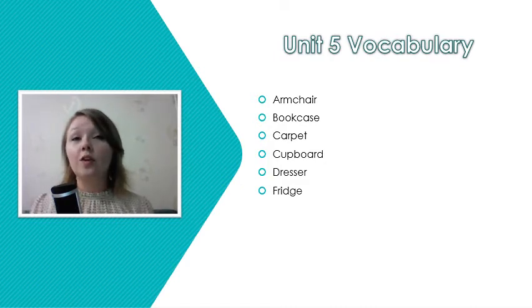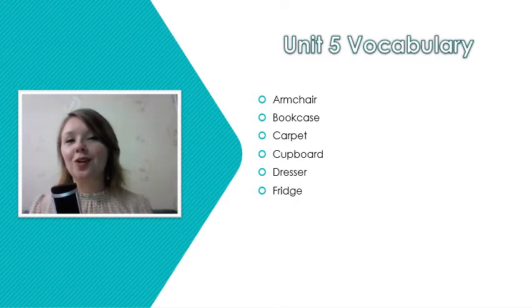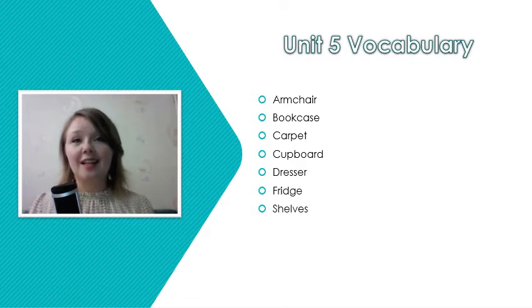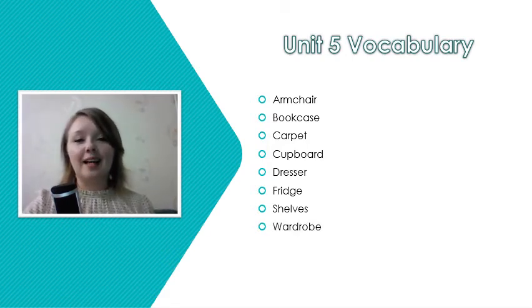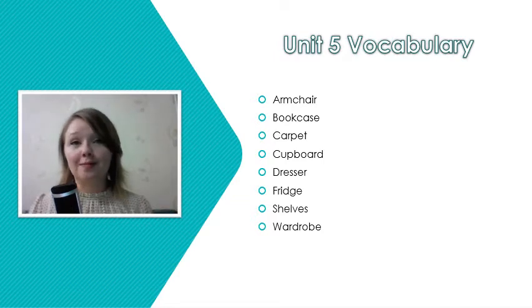Next we have fridge. Fridge is short for refrigerator. Shelves. This means many, right? If we have just one, we would call it a shelf with an F at the end. And last, wardrobe. This is another place we could keep our clothes.